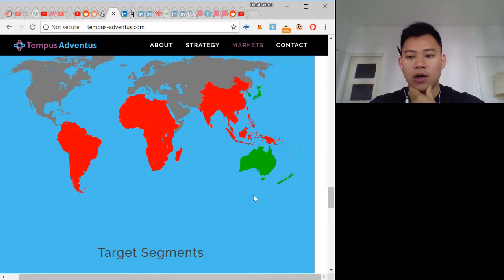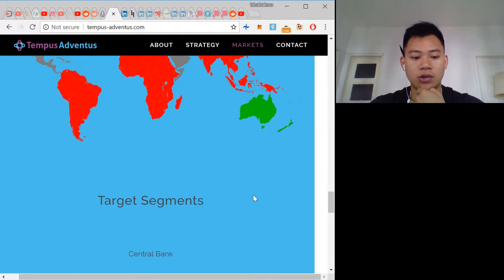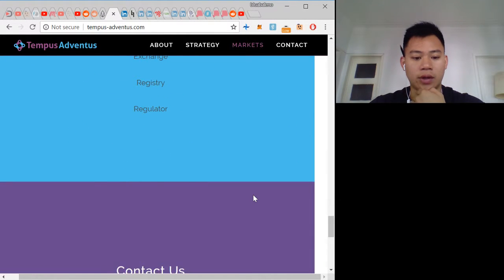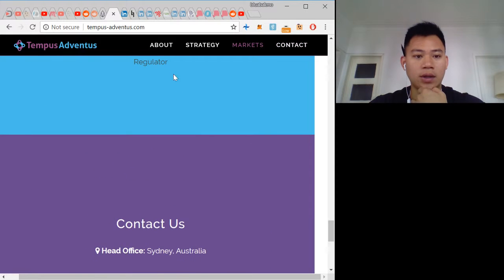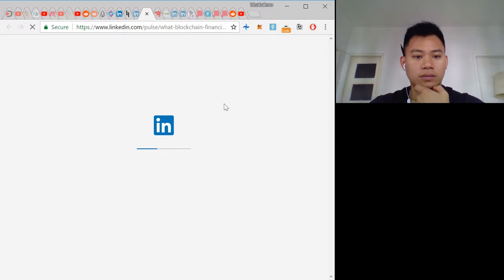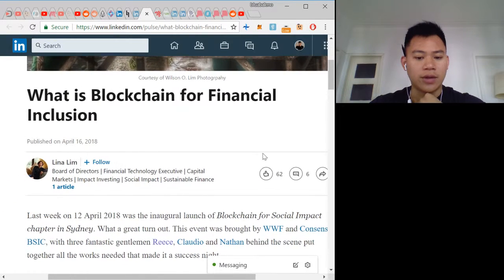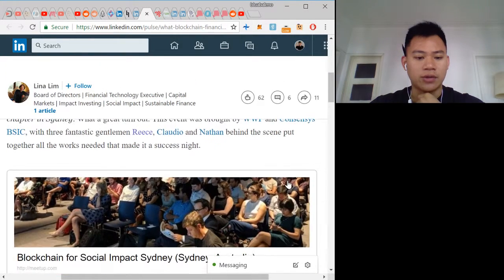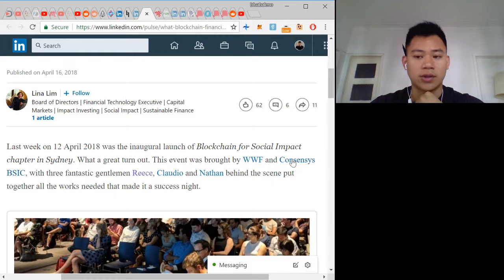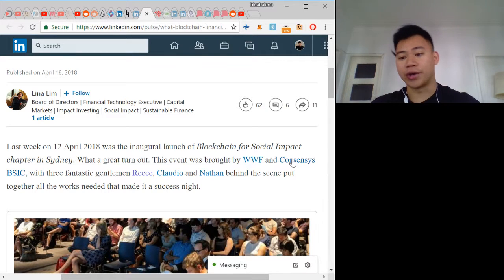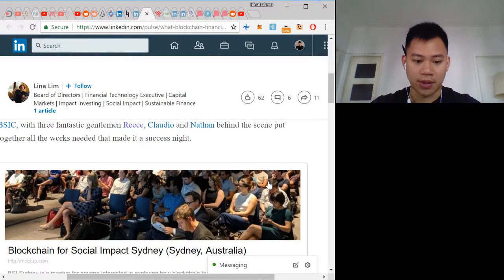So I think maybe Rob had a hand in bringing Lena on board as a judge. And then there's also the article she wrote on LinkedIn on blockchain financial inclusion that I also think was very interesting. Their focus was on using blockchain to bring financial services to emerging markets that might not have those infrastructures in place.